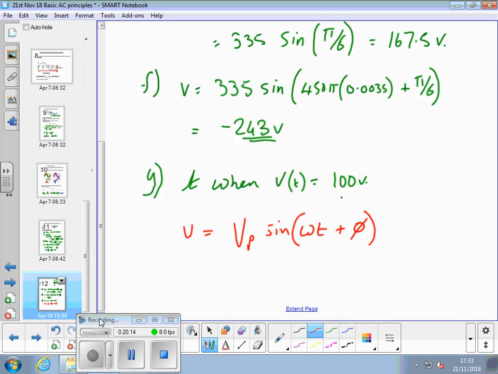Because you know me, I'm an advocate of rearranging the equation first and then putting the numbers in afterwards. So, we want t on its own. What are we going to do first? What's the sine function multiplied by?